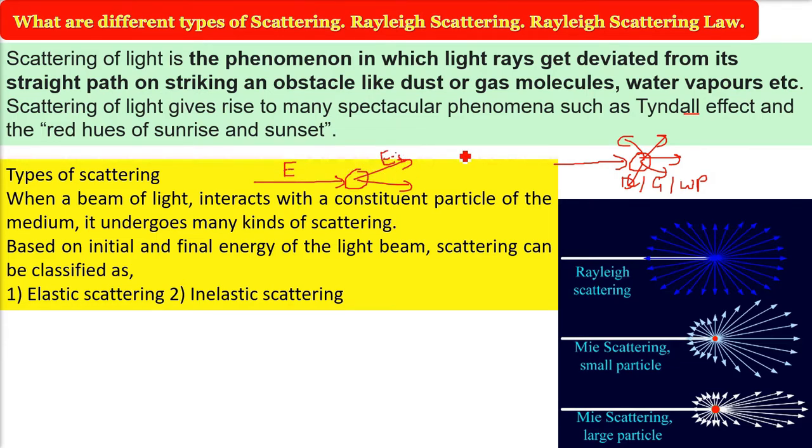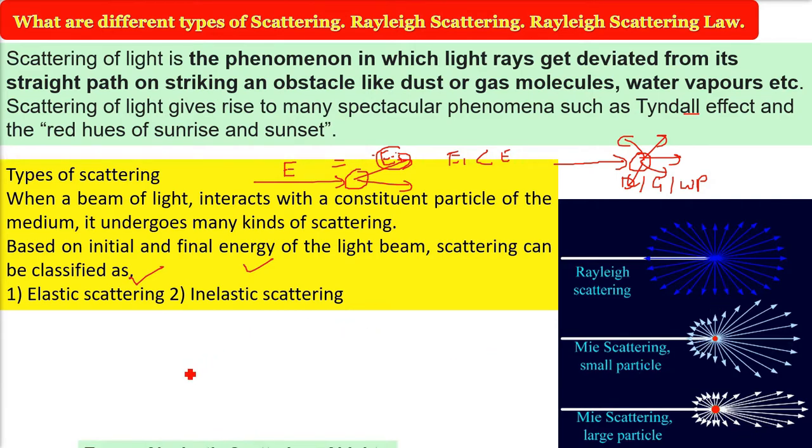Now if E and E1 are the same, then we call it elastic scattering. If E1 is less than E, that is, the energy after scattering is less than the initial photon, that is called inelastic scattering.